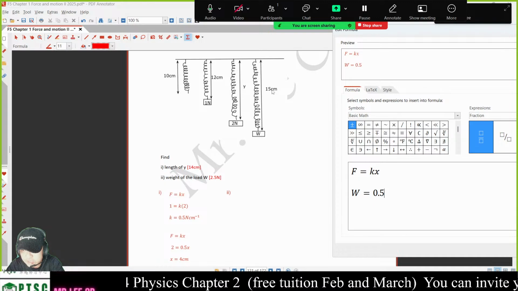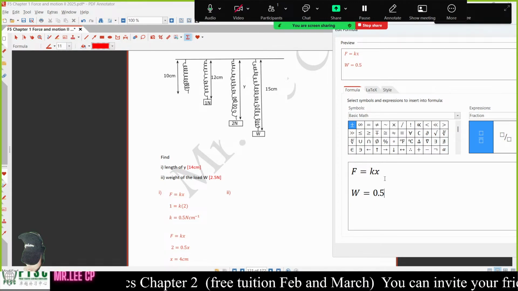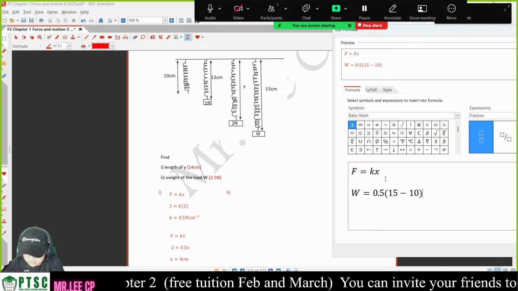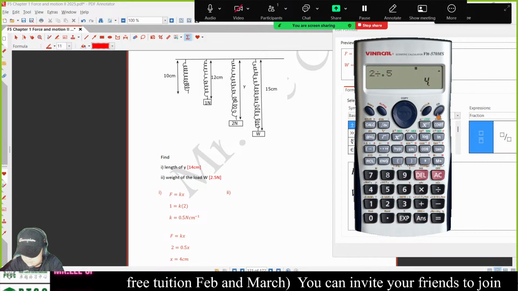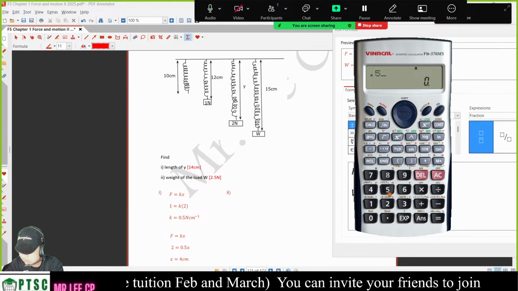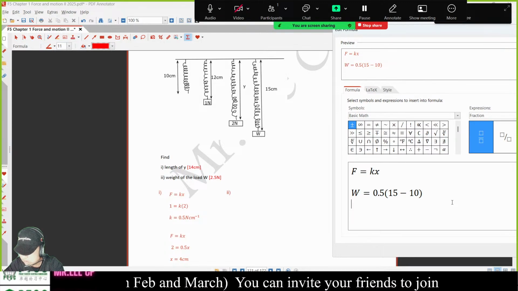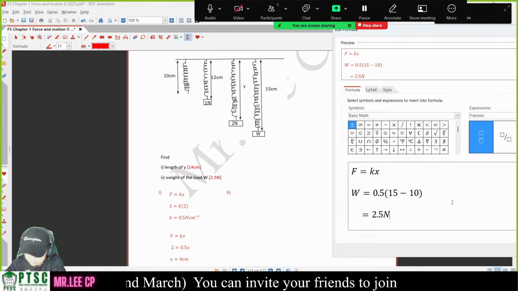Extension is now from 10. Original length is 10, so it becomes 15. So extension is 15 minus 10. So 0.5 times 5 is 2.5. So we got 2.5, unit Newton.